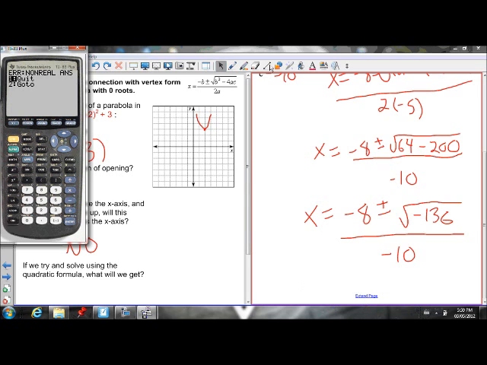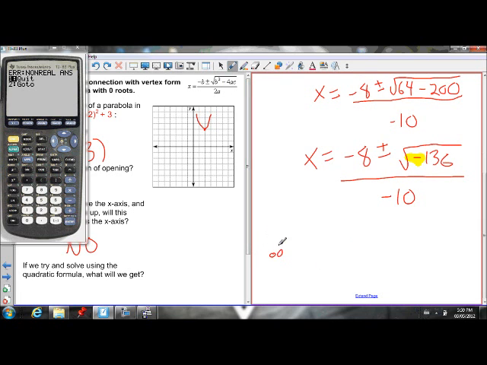Because of this negative under the square root, we can't calculate any x-intercepts. So therefore, there are no roots. No roots, no solutions, no x-intercepts. Say whatever you want, all of those mean the same thing. If under the square root sign, after you simplify, you get a negative, there are no x-intercepts, no roots, and no solutions.